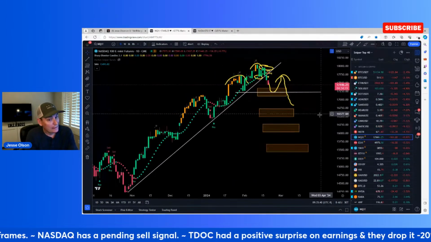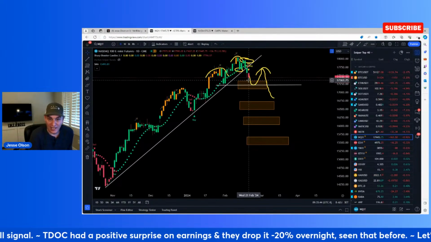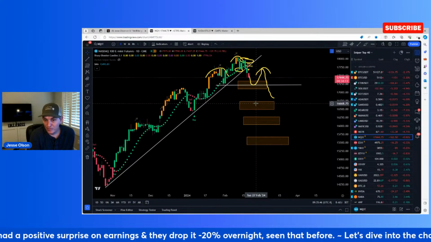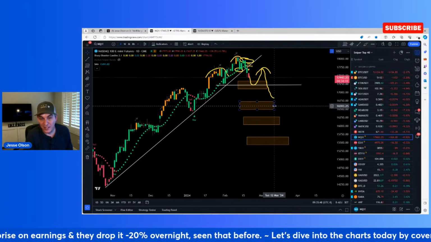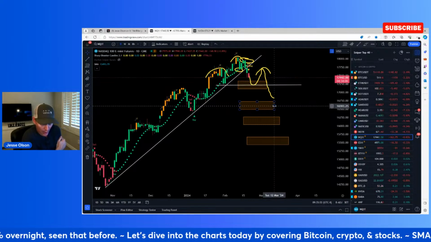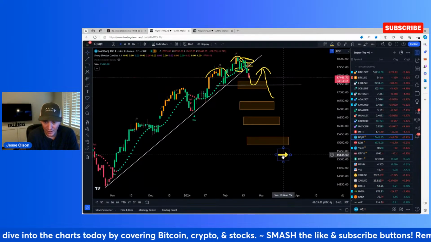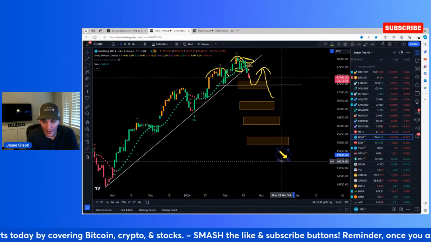So, could be a bigger correction coming. We don't know, but we're going to see how the NASDAQ does. If it finds support, obviously with the higher time frame still bullish, we're expecting prices to find support. And if it doesn't, we'll start changing our mind.